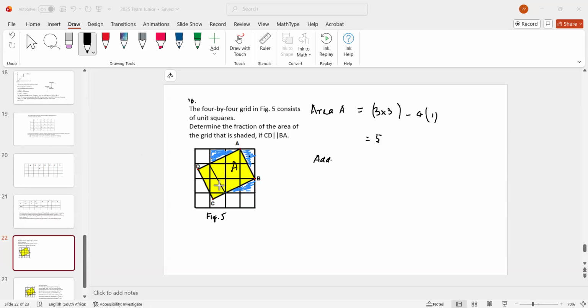Or this area of this triangle, I'm sorry. I've already got this area of the square is 5. So I need to work out the area of the rectangle. What is the area of this rectangle?